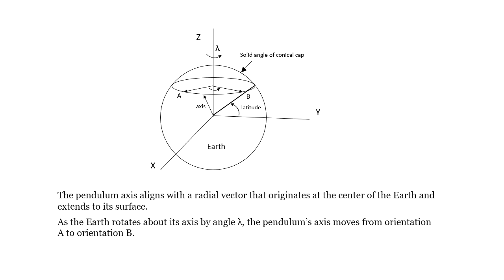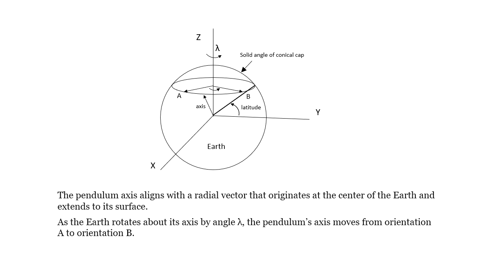This is a figure of the Earth rotating on its axis and a pendulum that is initially oriented in direction A and direction B as the Earth rotates by angle lambda. The pendulum axis aligns with a radial vector that originates at the center of the Earth and extends to its surface.